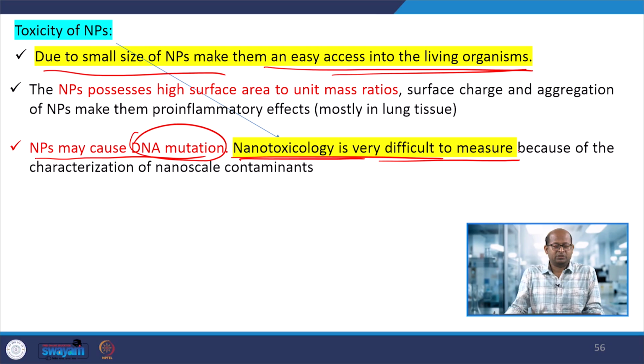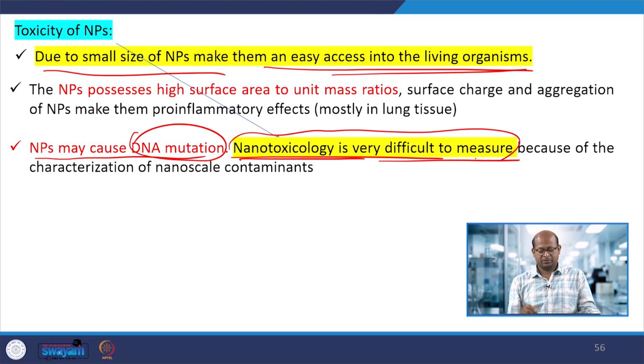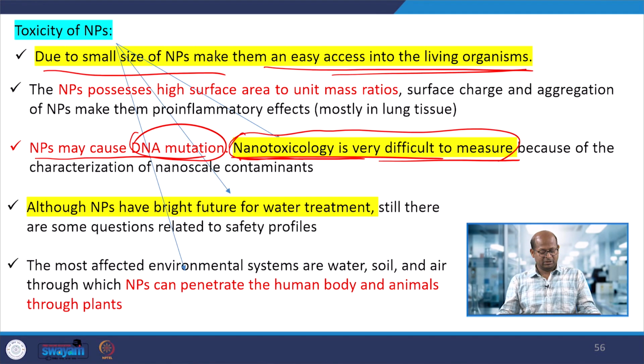Nanotoxicology concerns nanoparticles used for wastewater treatment, for example in membrane technology. Sometimes the particle size is very small, so they may enter and cause different toxic effects in our body. That is a disadvantage of using nanomaterials for wastewater treatment.